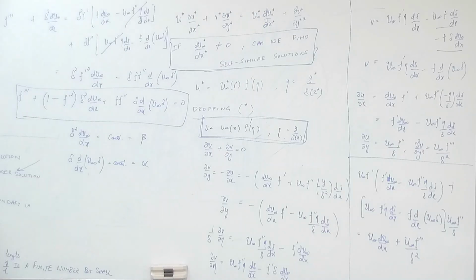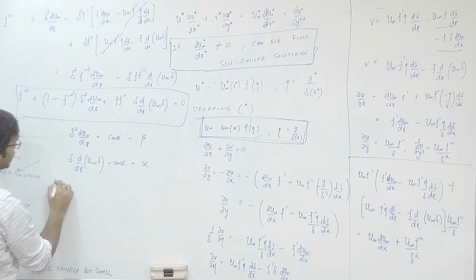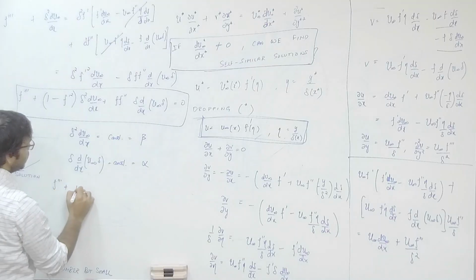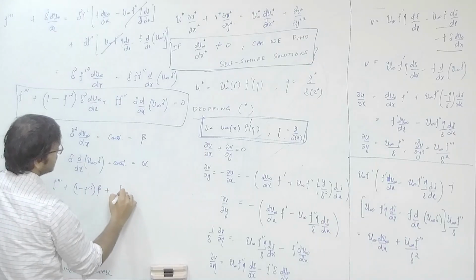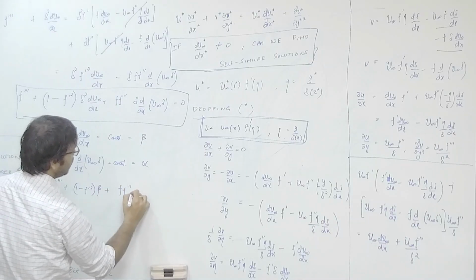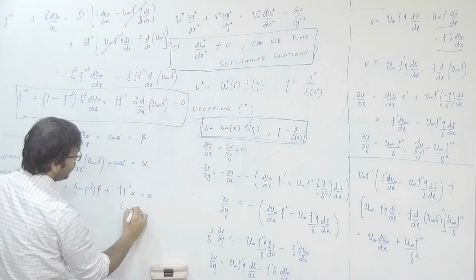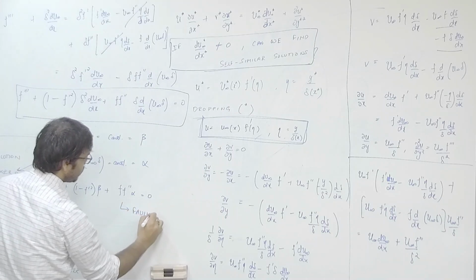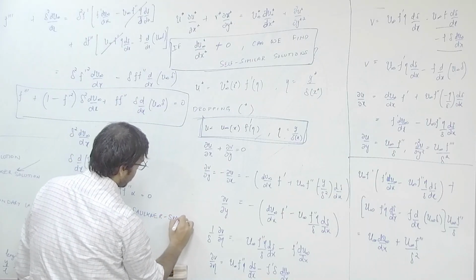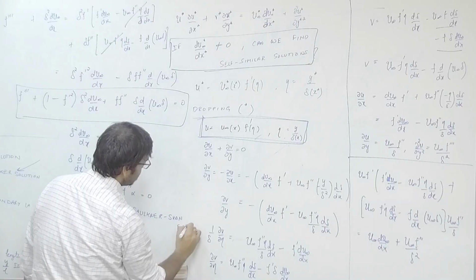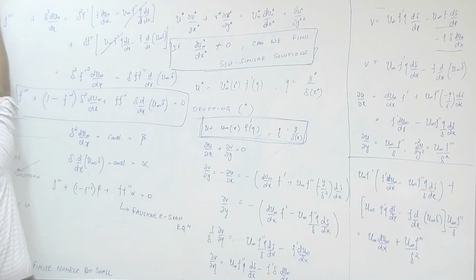Under the conditions that these are constants, this equation is an ODE, right? And this equation, f triple prime plus 1 minus f prime square times beta plus f f double prime times alpha, is called your Faulkner-Skan equation. You can quickly see that this is a more generalized version of Blasius equation. Why? Because in Blasius, what was the first thing we had?